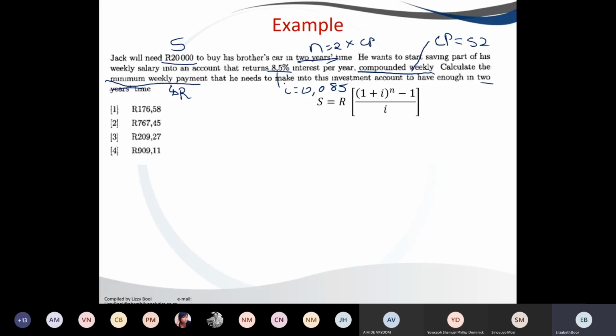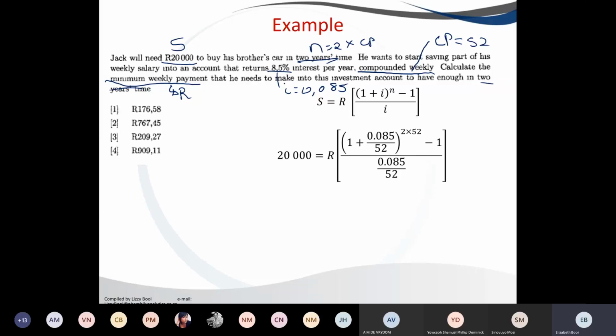Let's look at the formula. So our formula, we know that S is equal to R times (1 plus I) to the power N minus 1, divided by I. So it means we must make R the subject of the formula. To do that, we can start by substituting the values that we have.